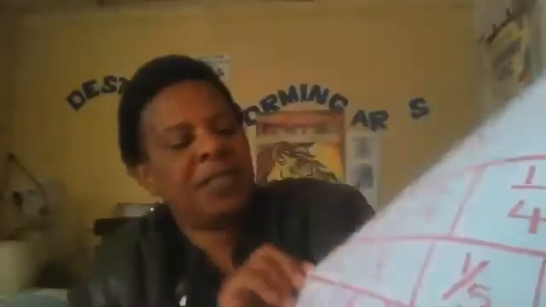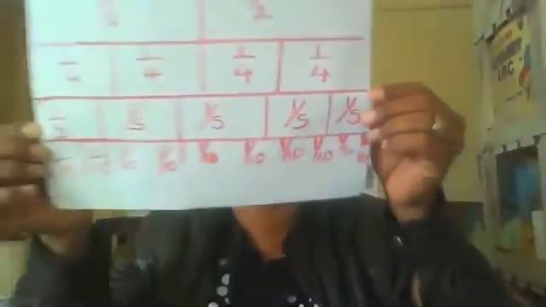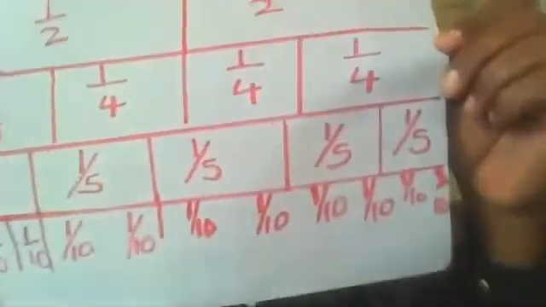Right. Let's look at fifths. A whole. One whole. How many fifths? Look at the whole. One whole. How many fifths? Count. Yes, Andile. 5 fifths make 1 whole.